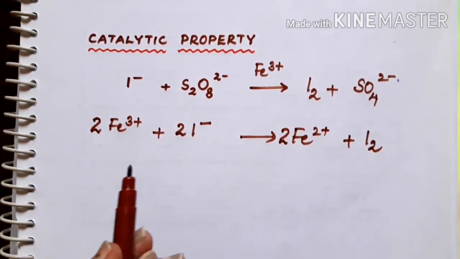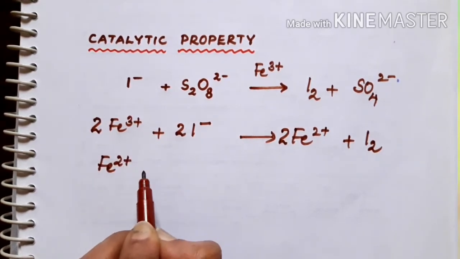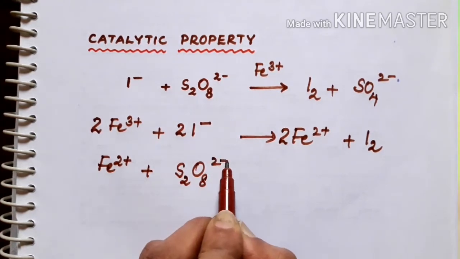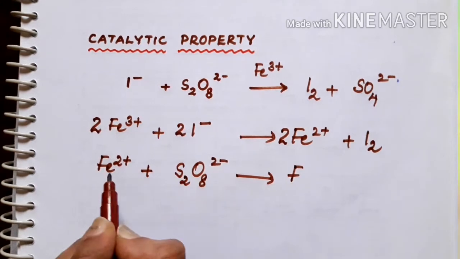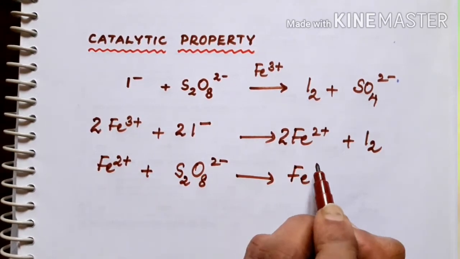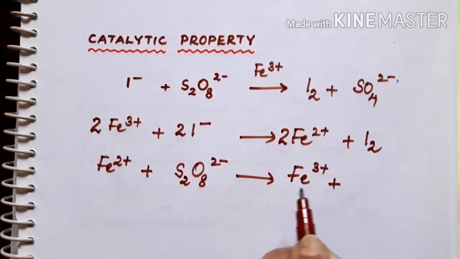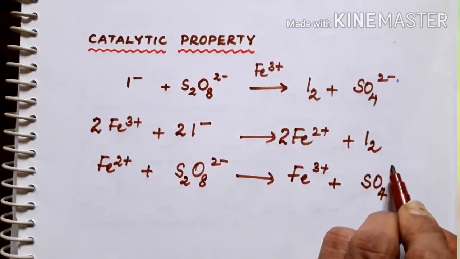Now subsequently, the Fe2+ that is produced will combine with S2O8 2-, and here it again undergoes oxidation to Fe3+, whereas the persulfate ions will be converted to SO4 2-.